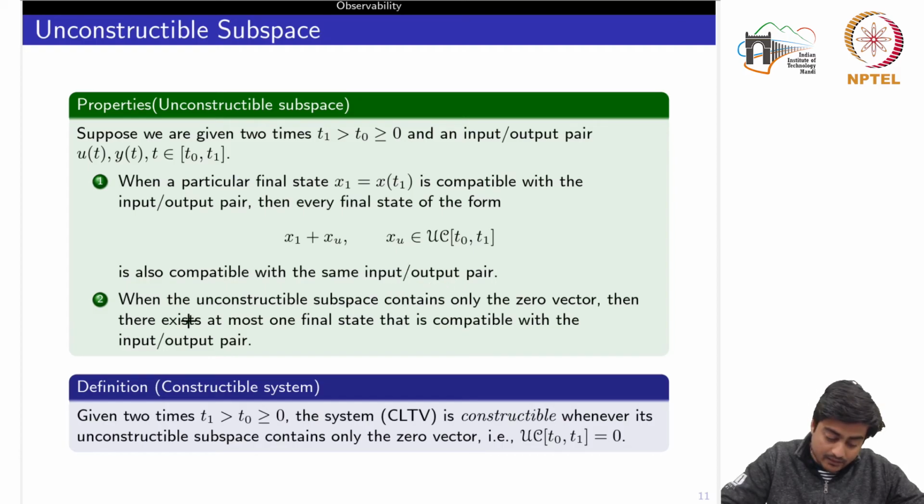Second, when the unconstructible subspace contains only the zero vector, then there exists at most one final state that is compatible with the input output pair, and this ensures uniqueness also. So the system is constructible whenever its unconstructible subspace contains only the zero vector, that is UC is equal to 0, meaning there is no element in that subspace.